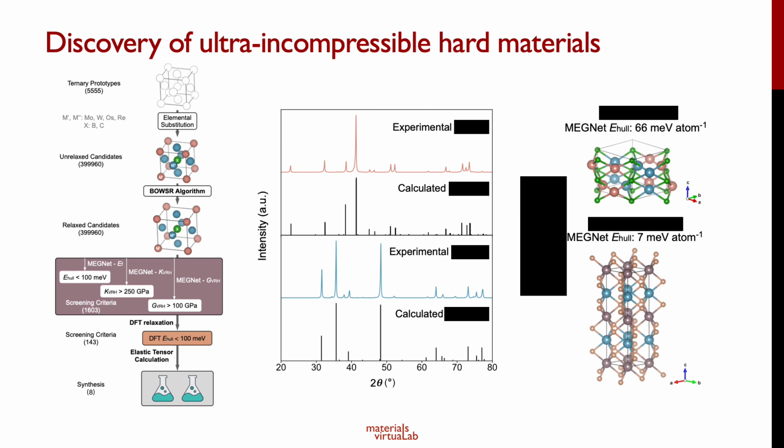So this is something that is groundbreaking, right? Because this is, I would say, probably the first time that people have shown that you can use a machine learning model to predict a material, and we have realized that material in the lab. And screening 400,000 materials is not something that you can do using traditional first principle calculations.